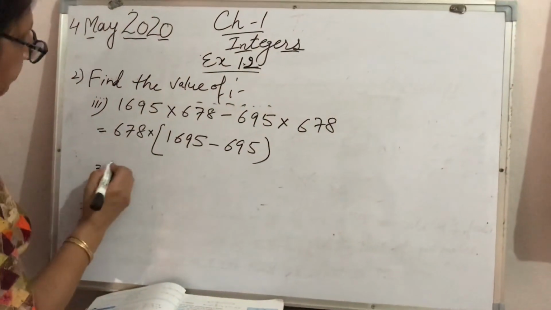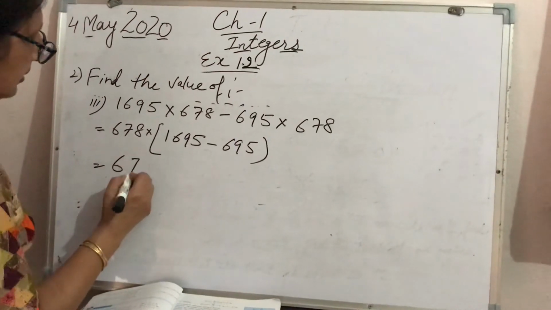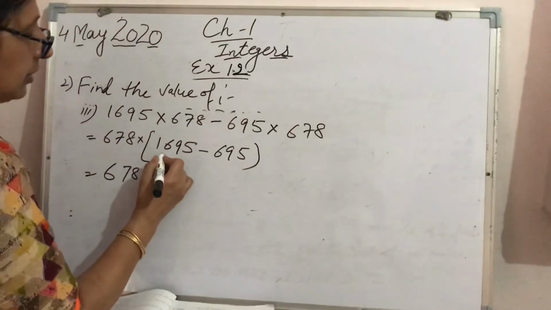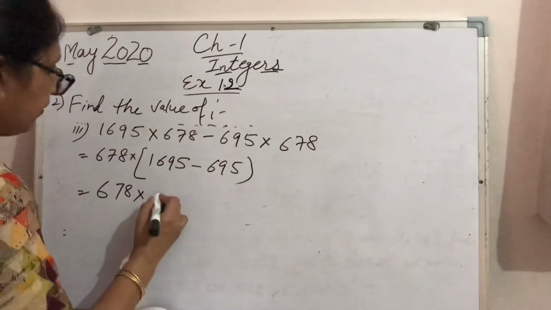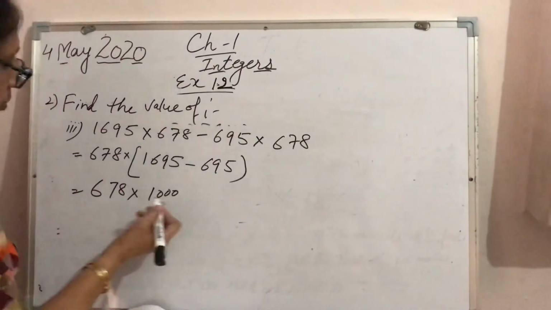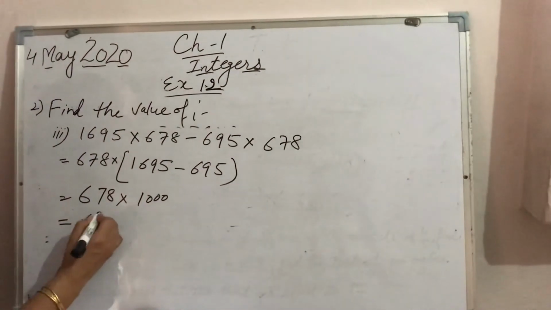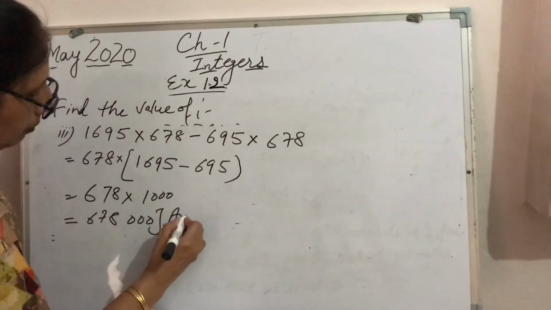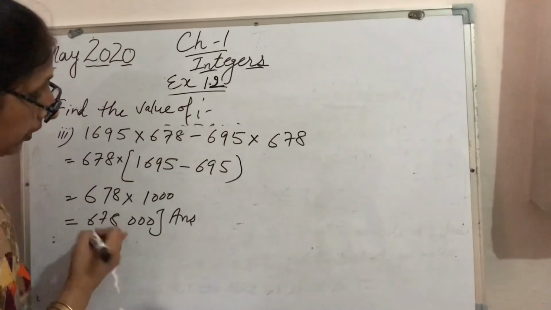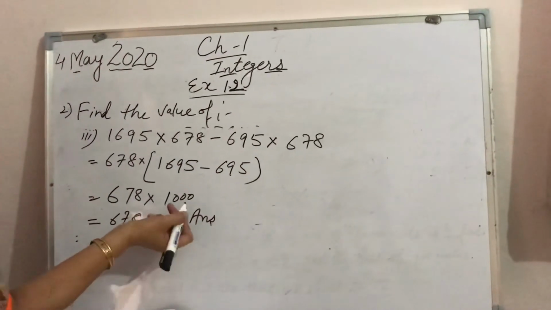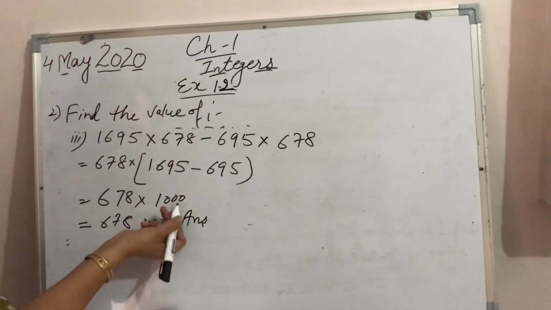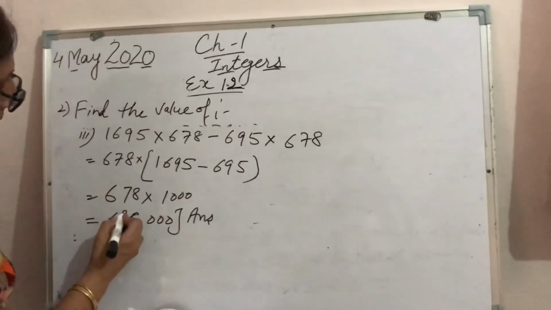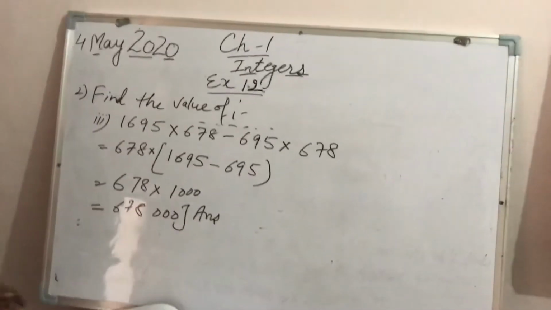Again same, 678 multiplied by 1695 minus 695, which will be 1000. So 678,000. This multiplication you will do orally. The ending zeros you can write down. 3 zeros are there, then 6, 7, 8 ones are 6, 7, 8. So this is the answer.